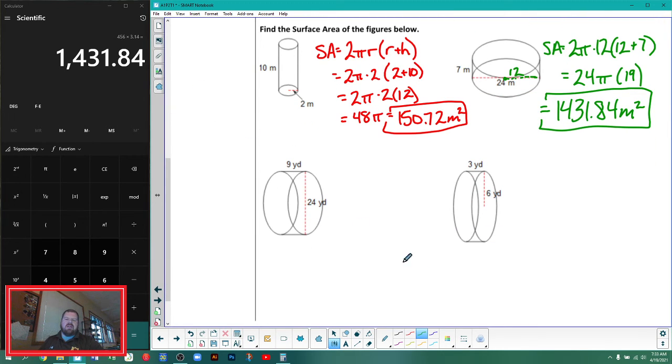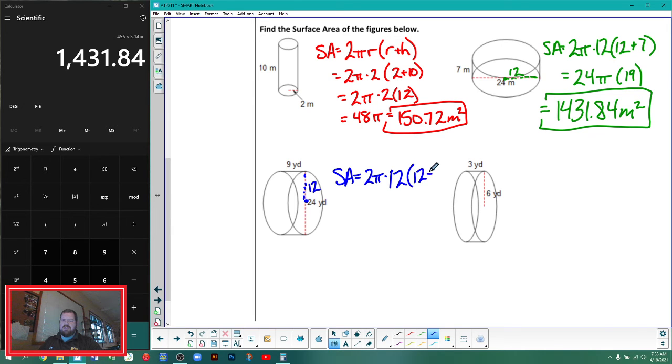Okay, same thing on this next one. I have a diameter. I want to turn that into a radius. So that's going to be a radius of 12. And we have a height of 9. So our surface area, 2 pi times the radius. Oops. Made that mistake again. I used the wrong number. 2 pi times 12.